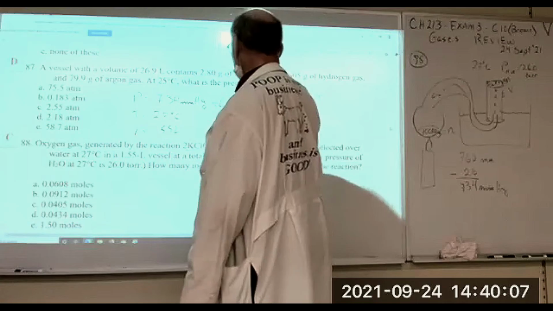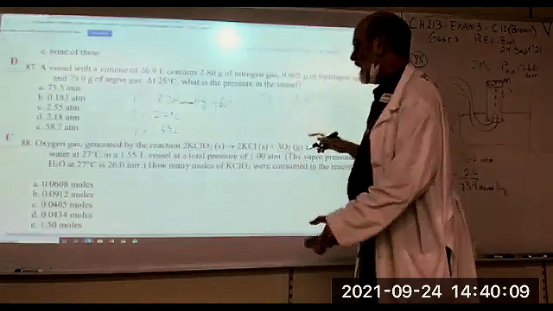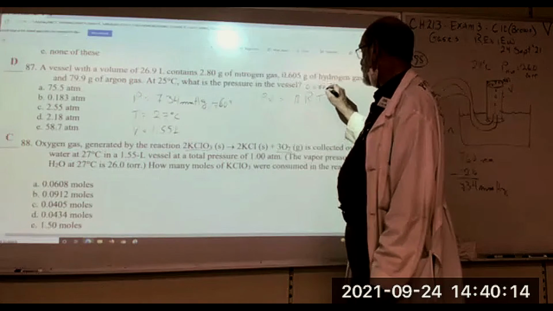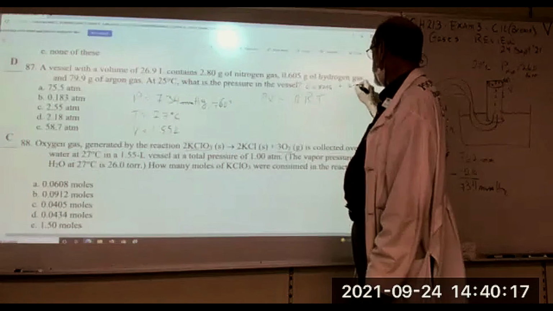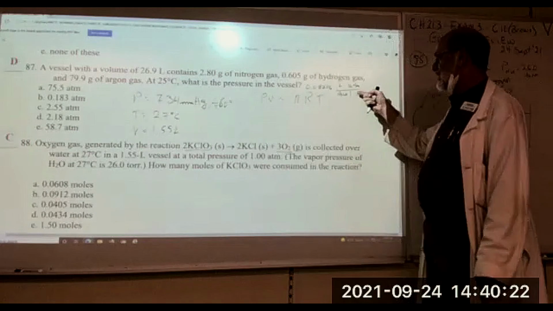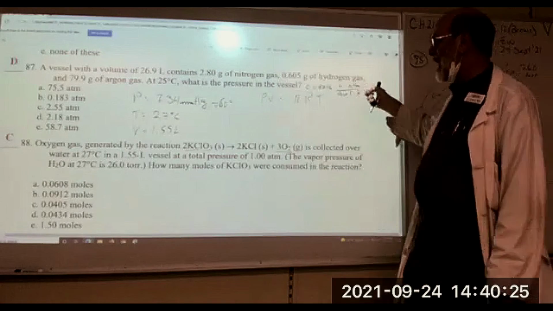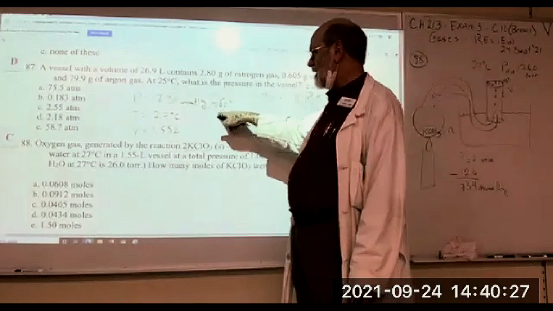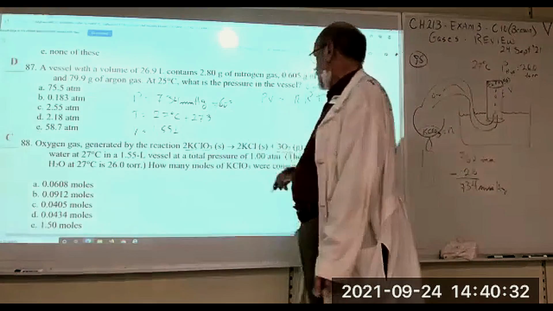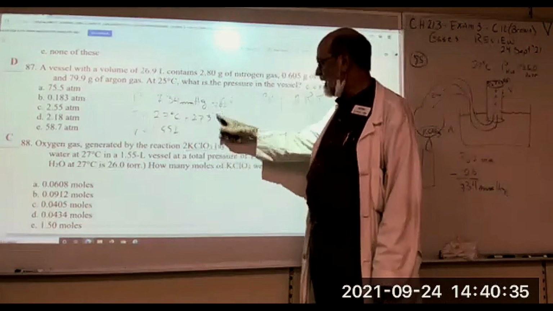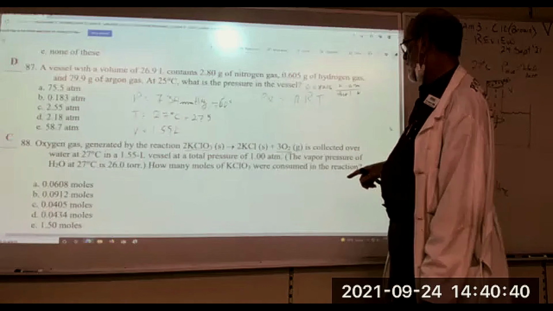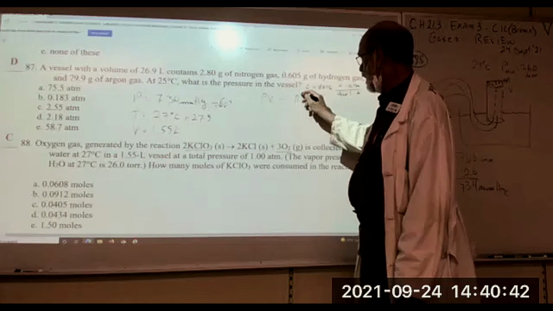Why do we need to do that? Because of this: 0.08206 liter atmospheres per mole K. That dictates your units of measure. We have to convert this to atmospheres. We have to convert this to K. And liters are good. So once we find this value, that value, that value, and we know this one, then we can solve for that.